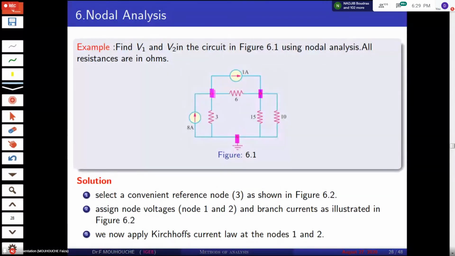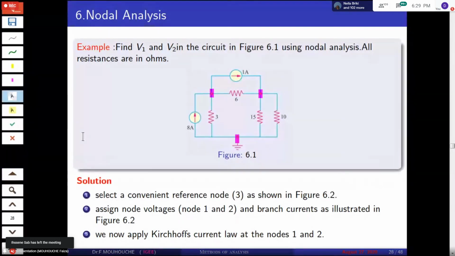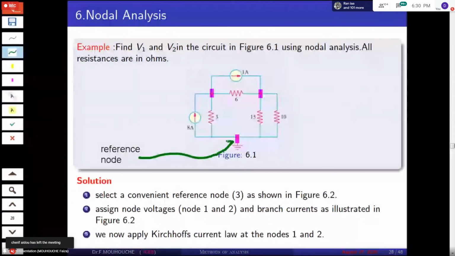The 2 nodes at the top are called nodes, and this one is called the reference node.